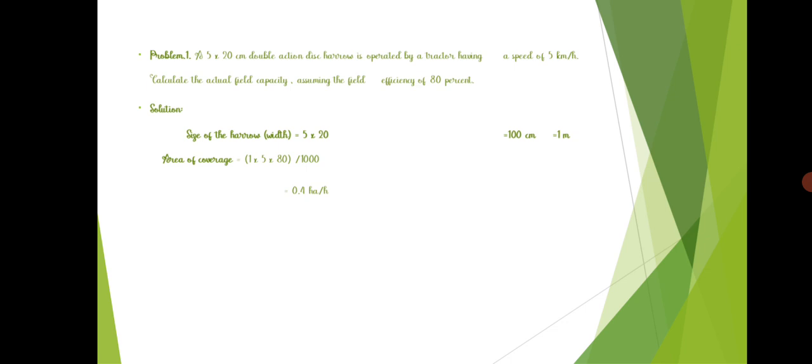So while we apply this given data in the effective field capacity formula, S into W into E divided by 10 into 100, we will get the area of coverage as 0.4 hectare per hour.